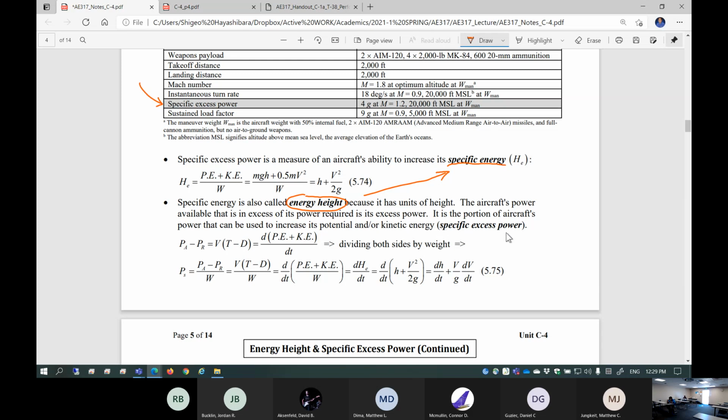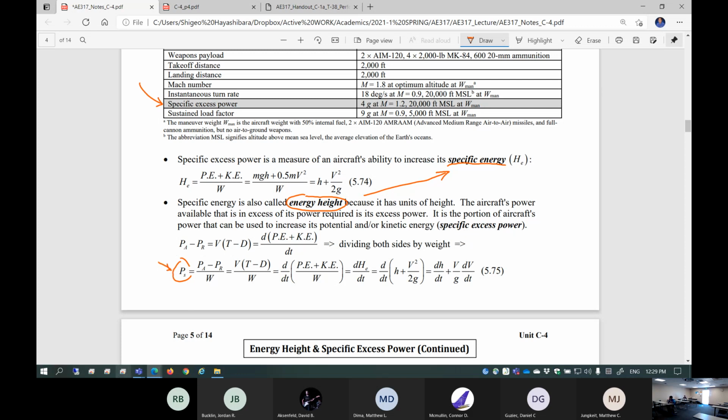That's called P_S. P_S is essentially P_A minus P_R, available power minus required power, divided by the weight of the airplane. So it is normalized by airplane weight, and that's why it's called specific excess power. This is quite important, P_S.